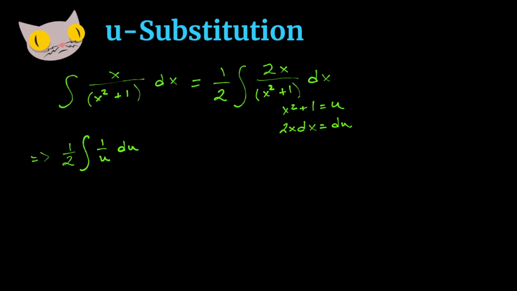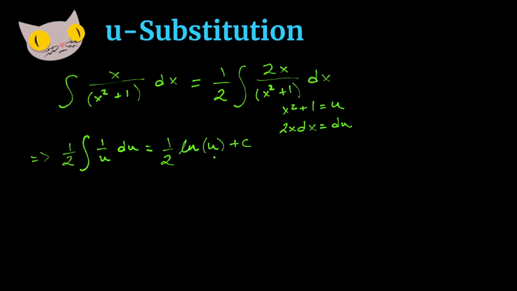We just need to remember the reciprocal rule for integration that was in the list I showed you earlier. So this is going to give us 1/2, and then the integral of 1 over some variable is going to be the natural log of that variable plus c.